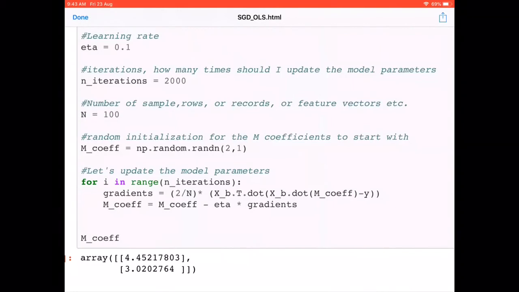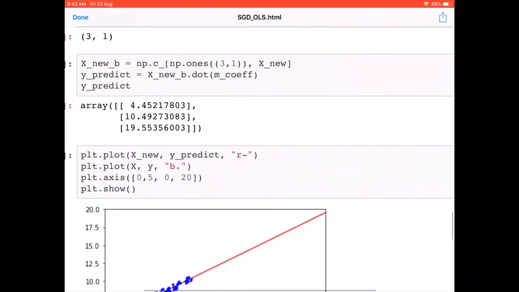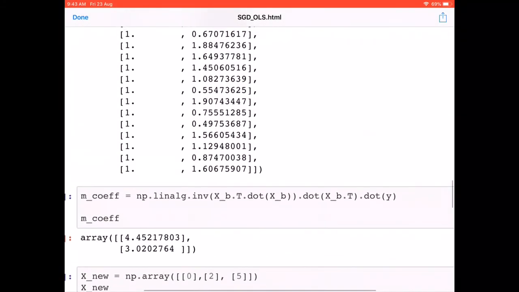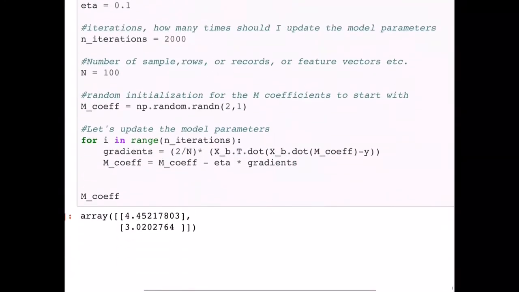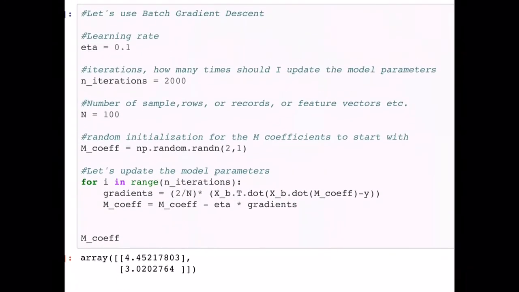and this is exactly the same value which we calculated using the standard linear algebra formula, and you can see it's the same value, 4.45, 3.020, and so on. Now what are the simple observations that we can see from here is, while using batch gradient descent, we are actually taking the entire data set.